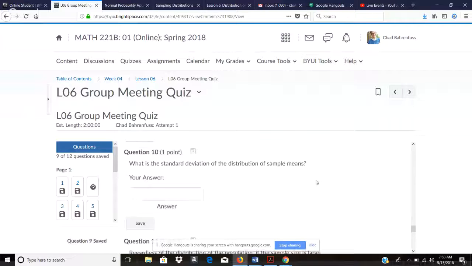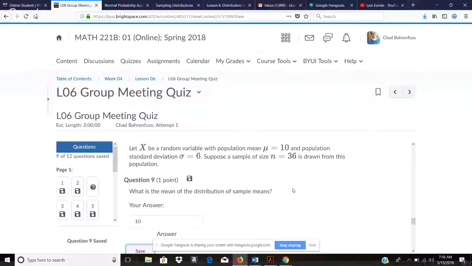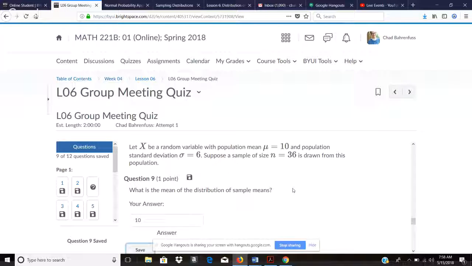What's the standard deviation of the distribution of sample means? Is that the same thing as putting 6 in there? The mean of the distribution of sample means is always the same number as the population mean, which is 10.